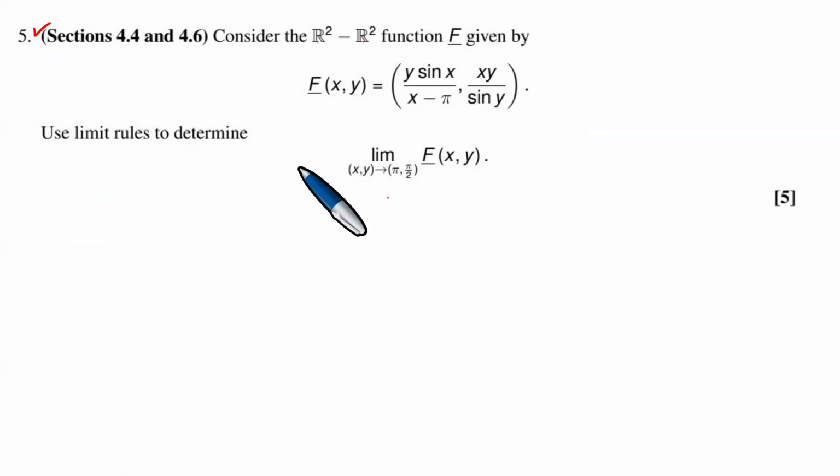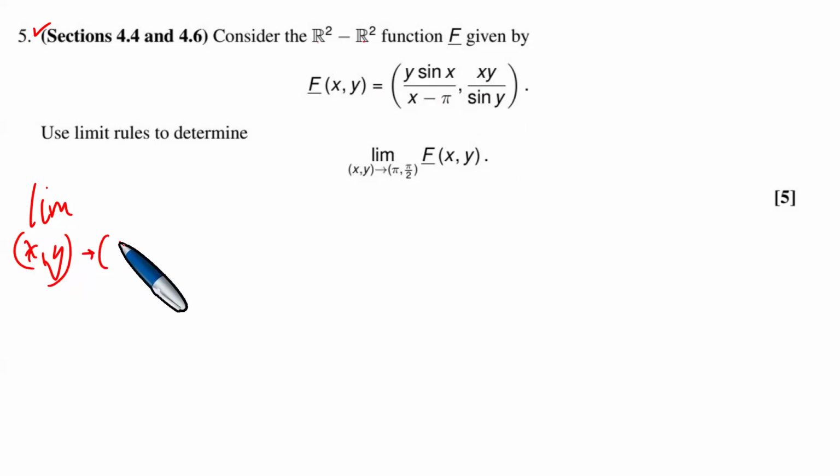So use limit rules to determine the limit of this function. We want to find the limit as x and y tends to pi over 2 of the function.